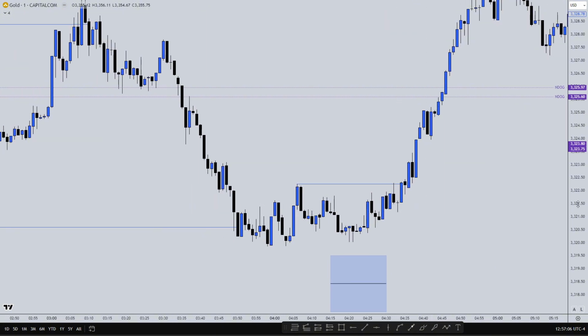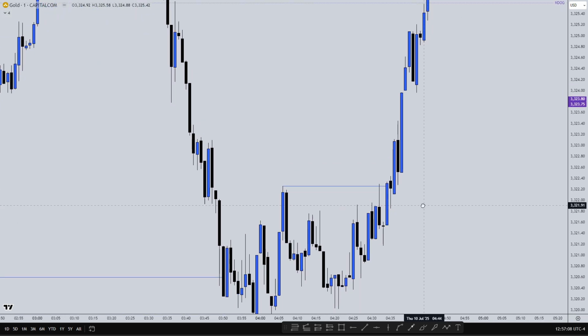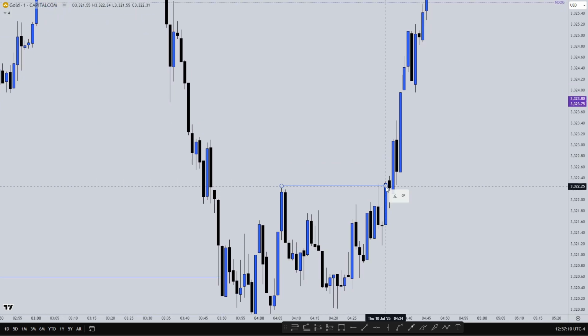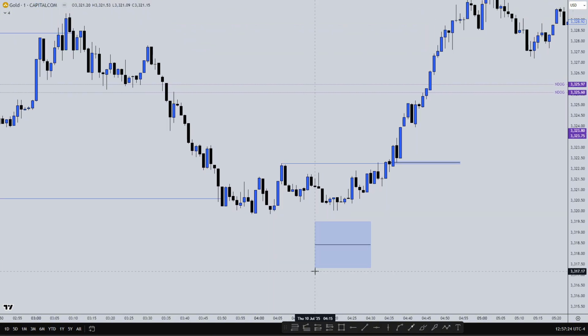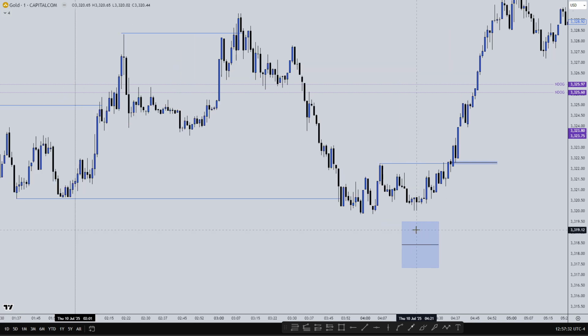The prices traded above this high and then did an order block. And once the prices made this order block, look what time it is. Yes, as I told you before, you can find an entry between 4:15 to 4:30, and you can extend it to 5.